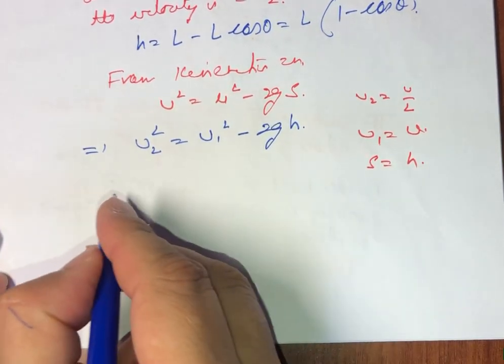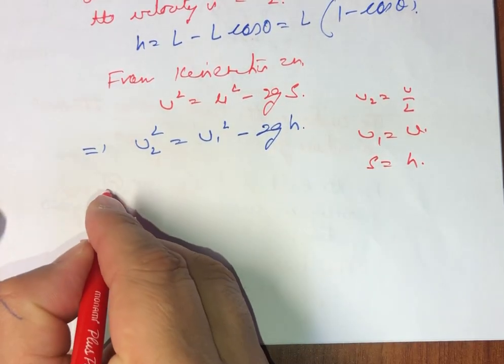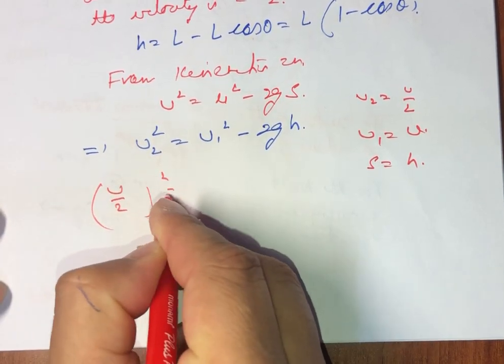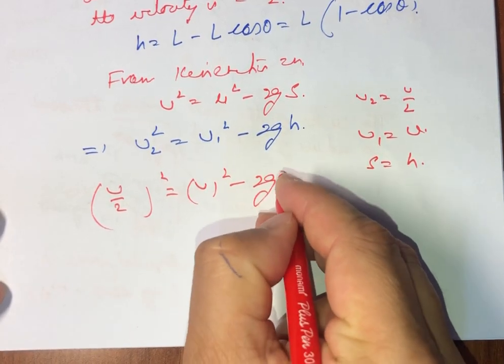So (v by 2) whole square equals v square minus 2gh.